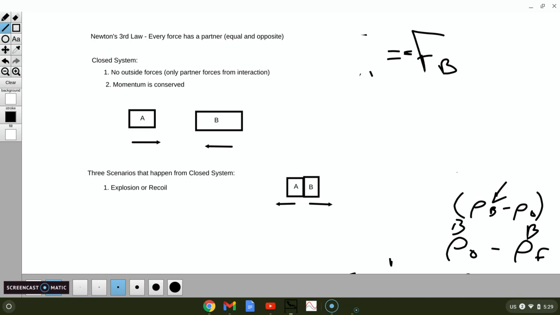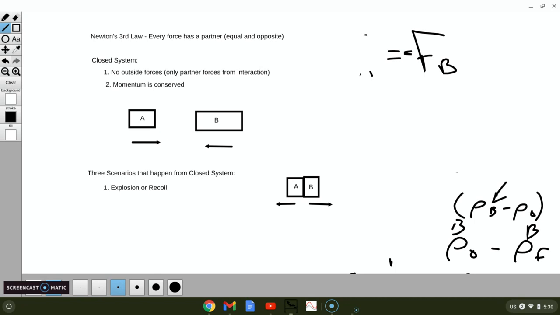Other examples would be like a child standing in a wagon and then jumping out of the wagon, right? The wagon goes one way, the child goes the other way. Another example would be two ice skaters on a frictionless ice surface that push apart away from each other, right?